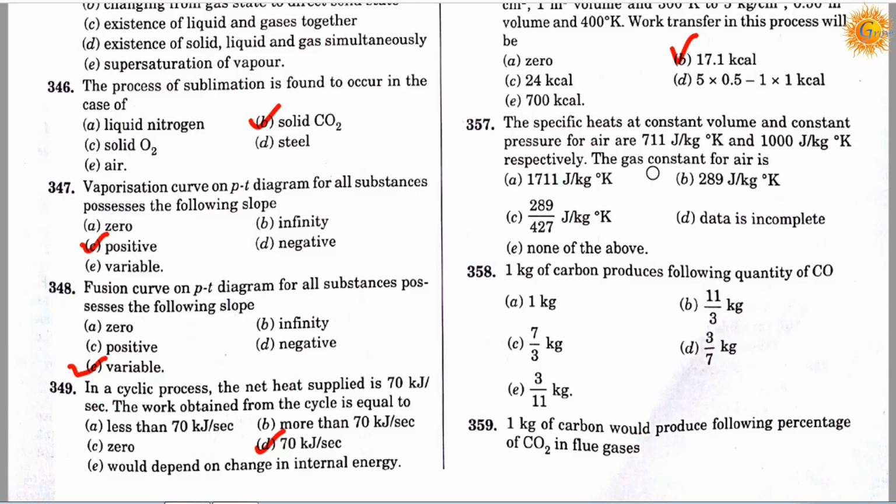The gas constant for air is option A 1711 joule per degree Kelvin, option B 289 joule per kilogram degree Kelvin, and option C is 289 upon 427 joule per kilogram degree Kelvin. Option D is data is incomplete, option E is none of the above. So correct answer is B, it will be 289 joule per kilogram degree Kelvin.